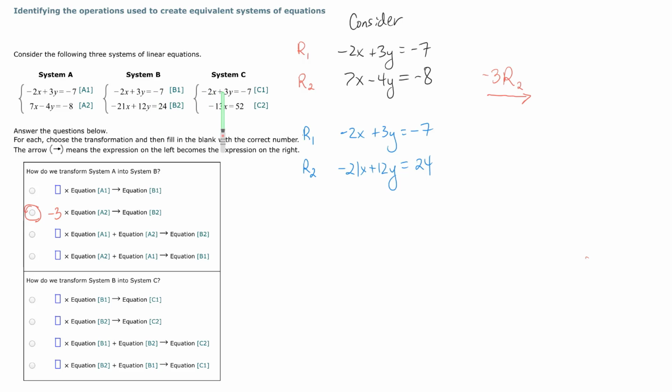Well, once again, row 1 didn't change, and the effect happened to be on row 2. What happened here? How do we go from here to here? So temporarily eliminated y. That's what it looks like. So how can we temporarily eliminate y from system B?